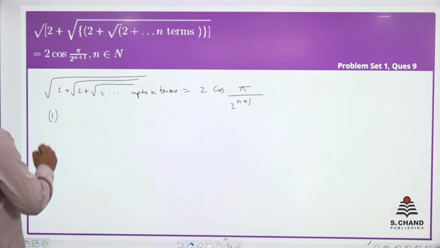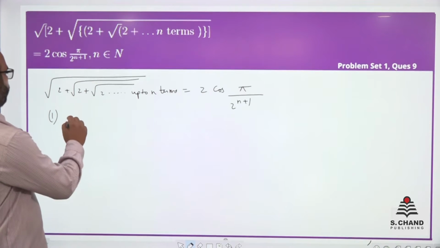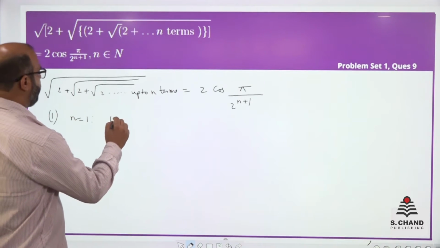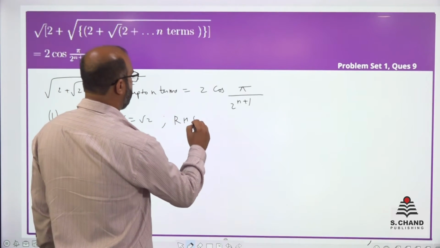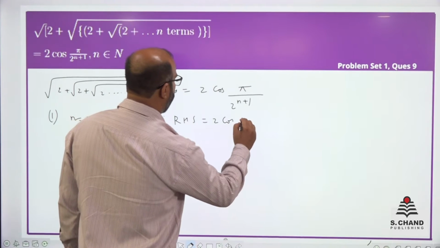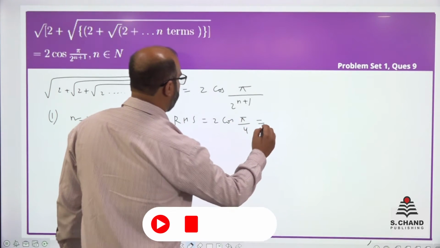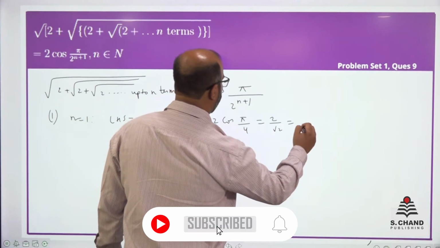So first, where n is equal to 1, the left hand side will be root 2 and the right hand side will be 2 cos pi by 4, that is 2 by root 2, that is root 2.